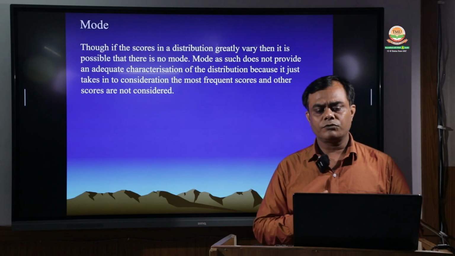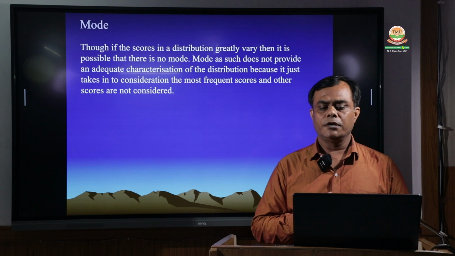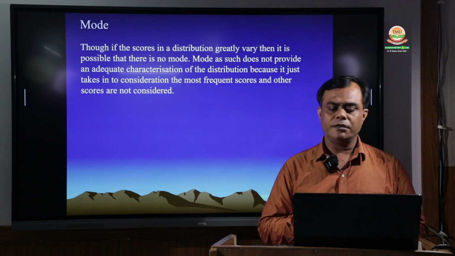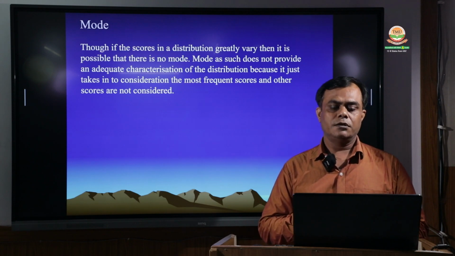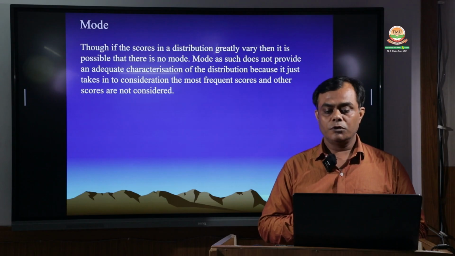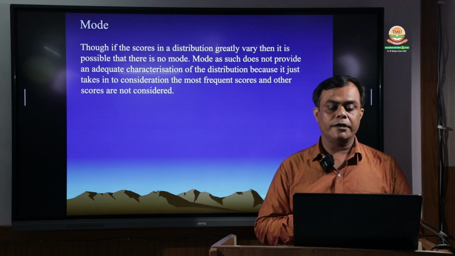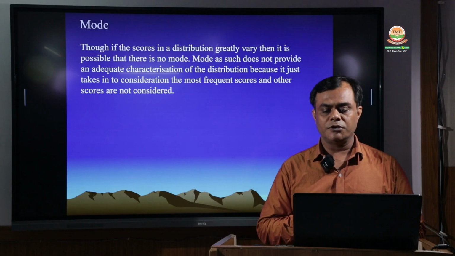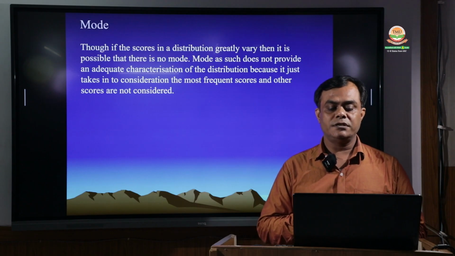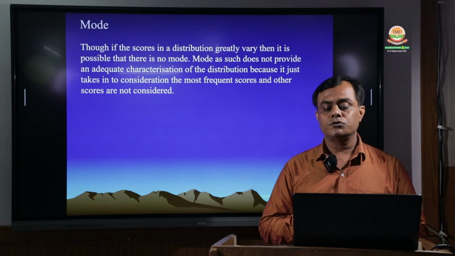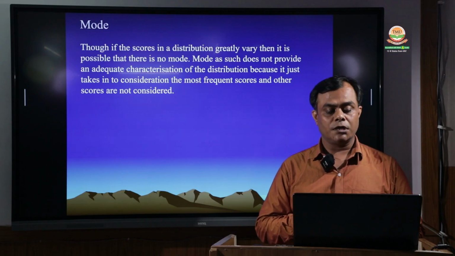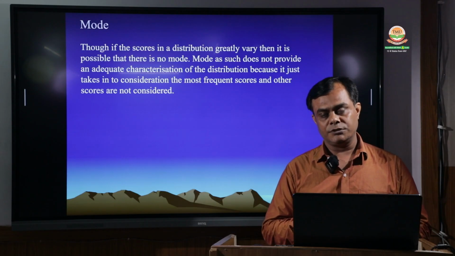Next, if the scores are distributed with great variation, then it is possible that there is no mode. Mode as such does not provide adequate characteristics of the distribution, because it only takes into consideration the most frequent score and other scores are not considered.